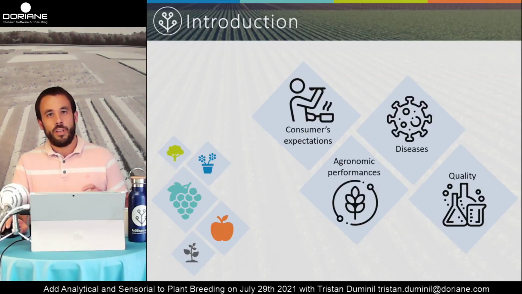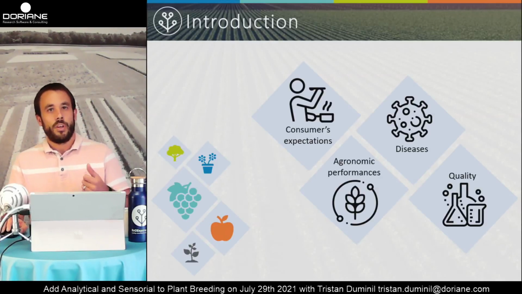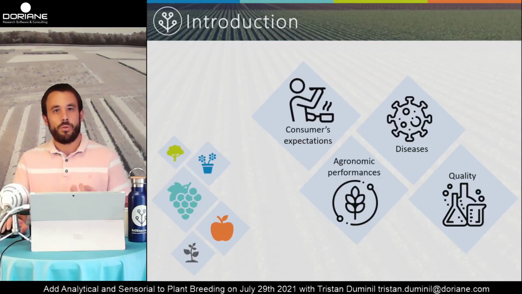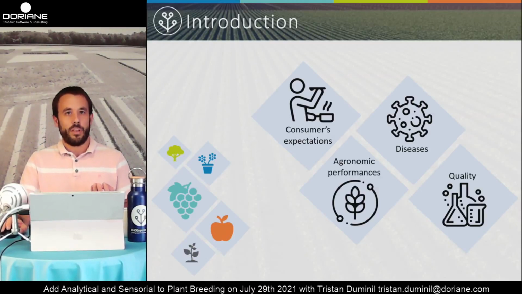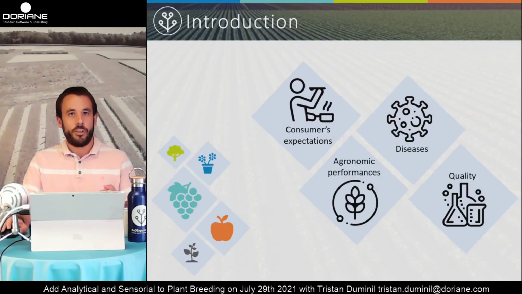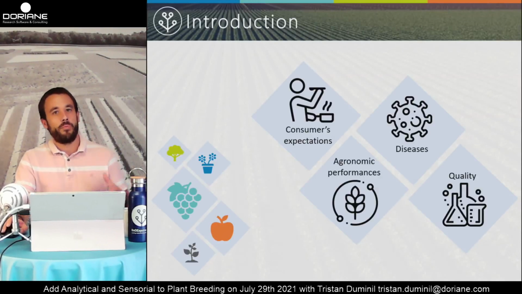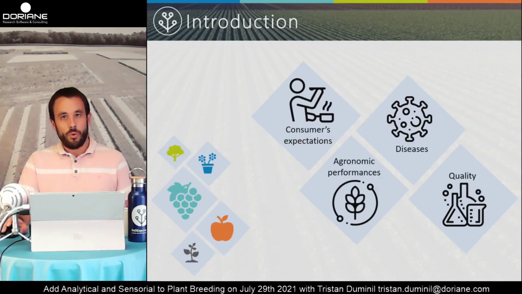But plant breeding, as it's at the crossroads of multiple activities, needs to consider all the aspects that are relevant for both the growers, like disease resistances, for example, but also the consumer considerations, like nutritional properties or flavor attributes. So in order to control all these aspects, the breeding departments need to involve multiple skills who collaborate, and tools and methods that will be interconnected.